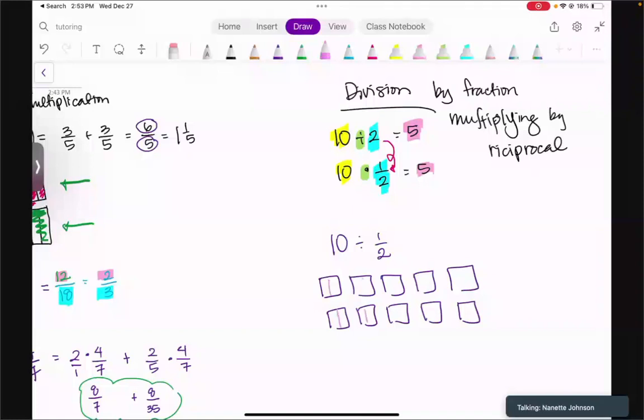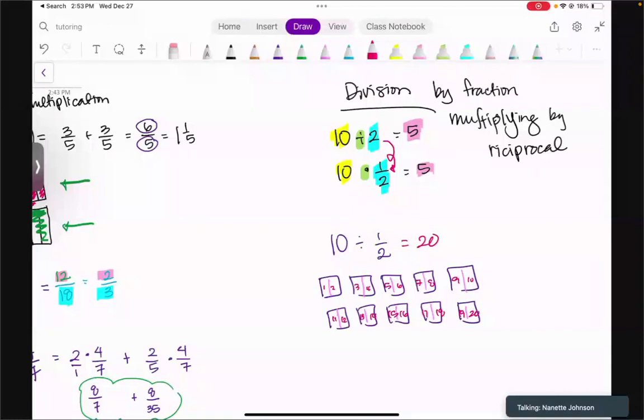And I want to know how many half brownies I have. And you're like, oh, okay, I could do this. So it's 1, 2, 3, 4, 5, 6, 7, 8, 9, 10, 11, 12, 13, 14, 15, 16, 17, 18, 19, and 20. So the answer here is 20.